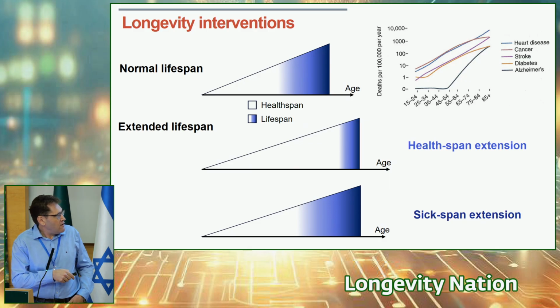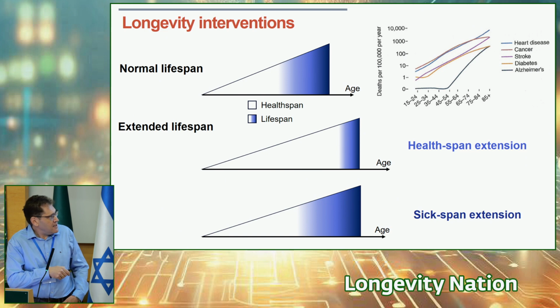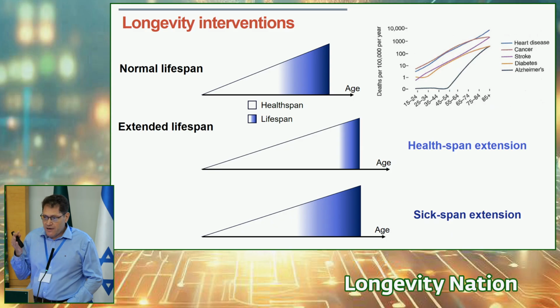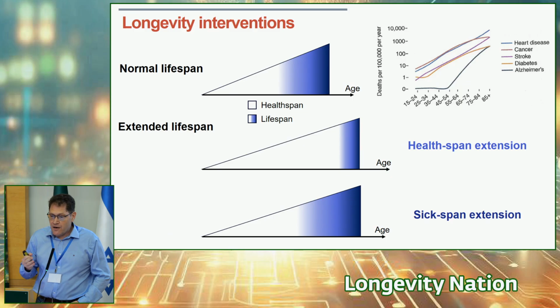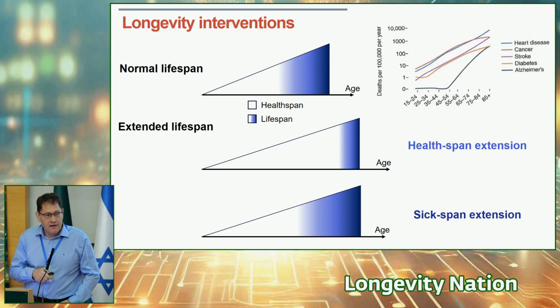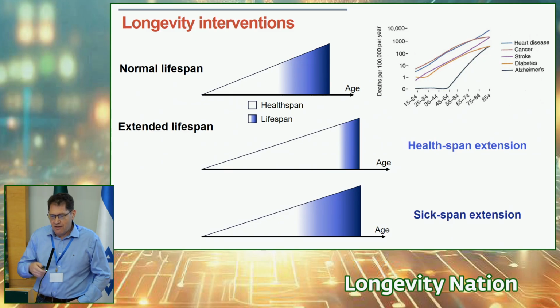One is just a general extension of lifespan, but this general extension of lifespan can actually come with an extension of sick span. What we really would like to achieve, and where we really need to aim, is the extension of health span, and not only lifespan, or not necessarily maximal lifespan, but really the extension of health span, and this I believe would be most beneficial for people.